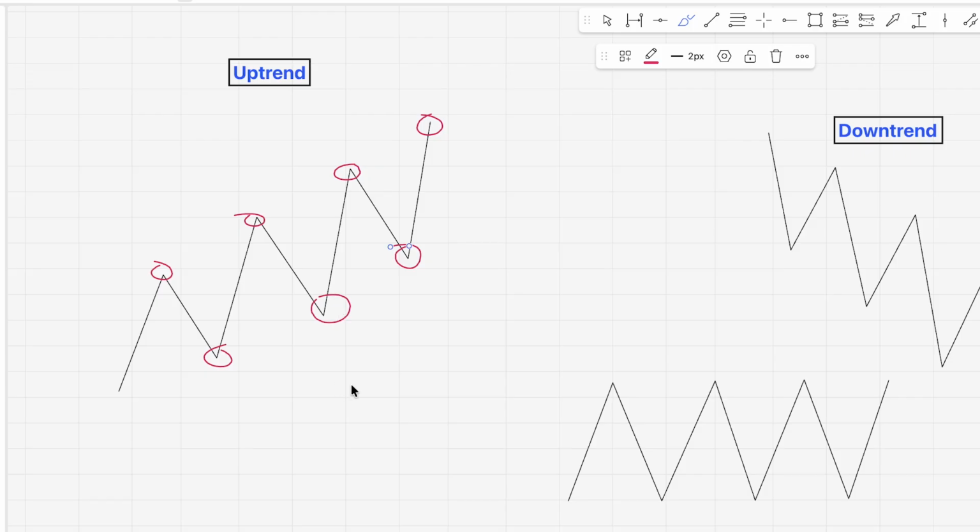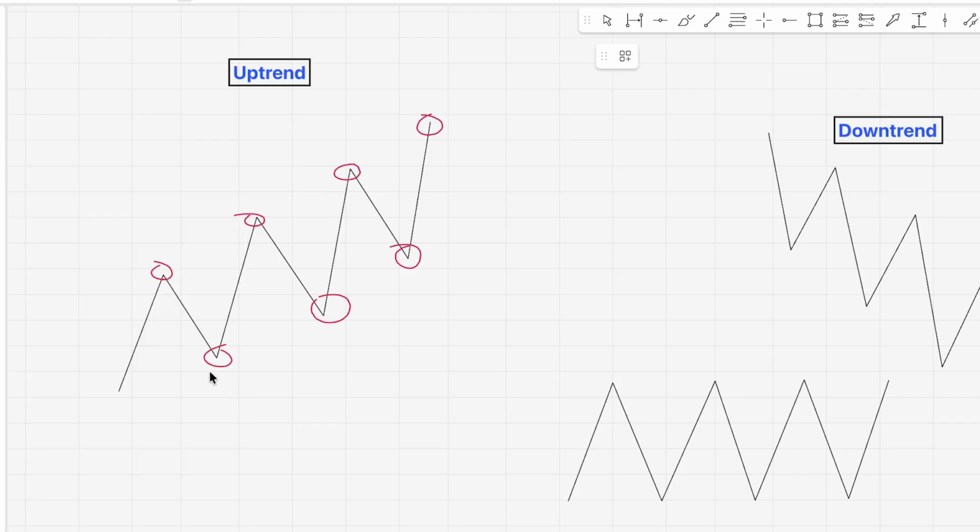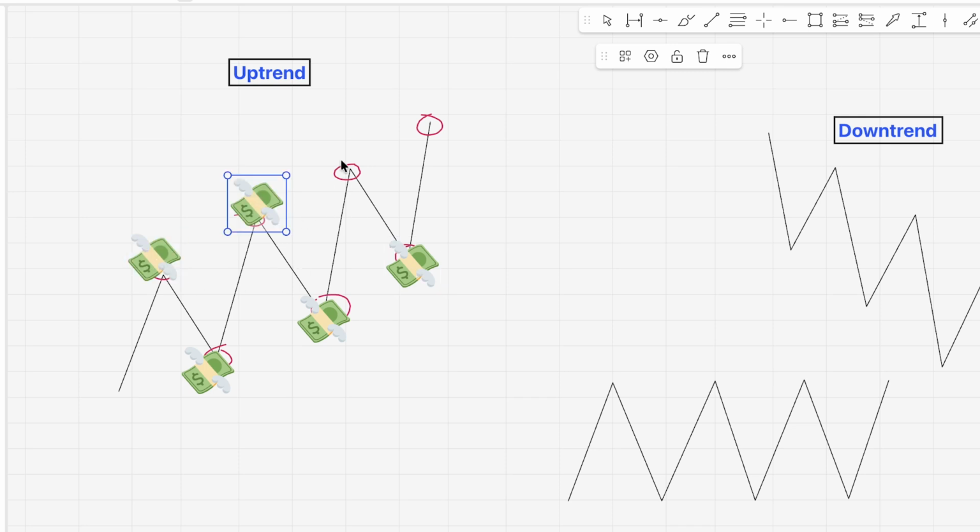What I am saying is that in this movement, liquidity can be found here, here, here, and also here, here, and here. So both up and down, we have liquidity.